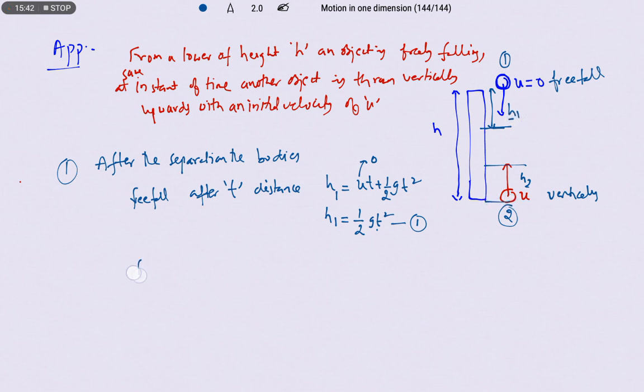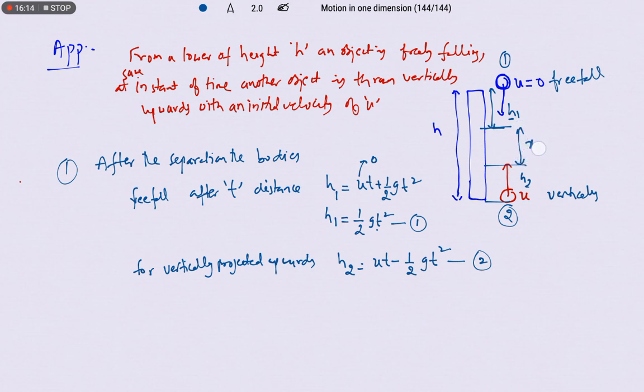Now for the vertically projected upwards body, h2 equals ut minus half gt square, because it has some initial velocity. So what is our aim? Our aim is to find the separation between the bodies. The separation between the bodies is nothing but this one.